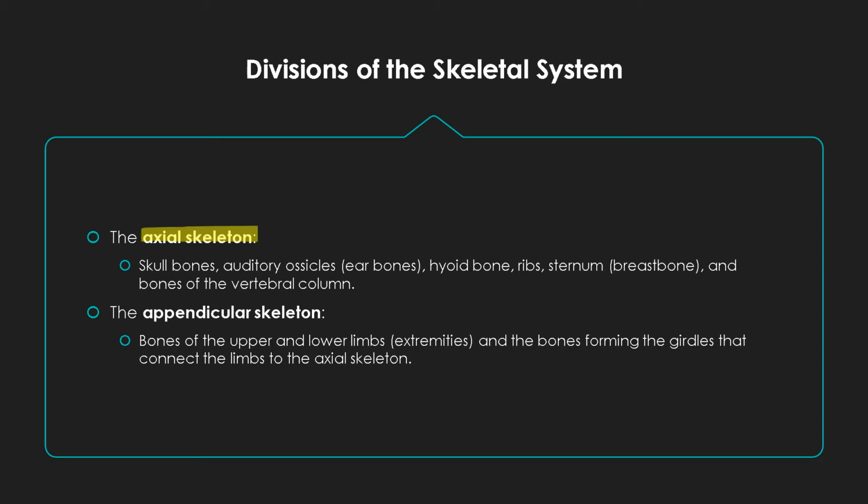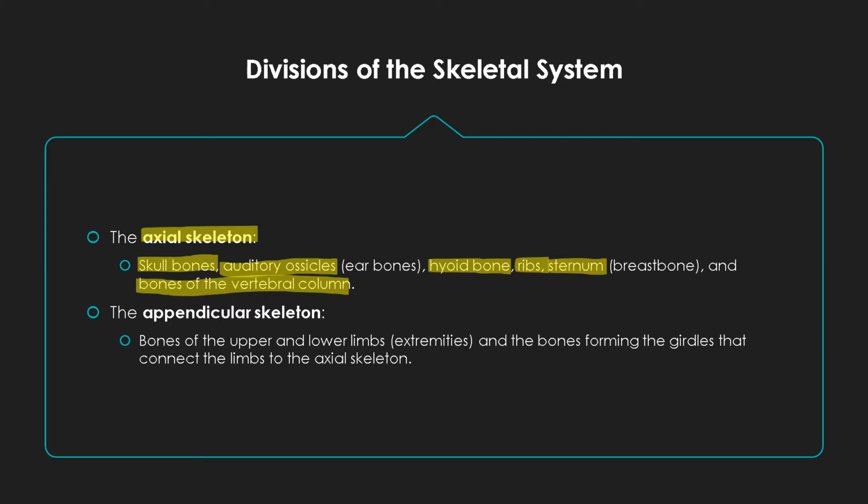So this is going to be the skull bones, the auditory ossicles, or the ear bones, the hyoid bone, the ribs, the sternum or breastbone, and then all the vertebrae. Bones of the vertebral column.